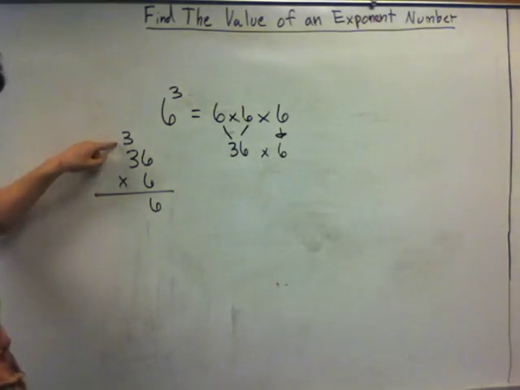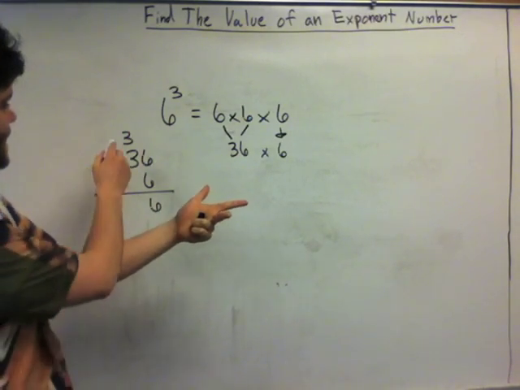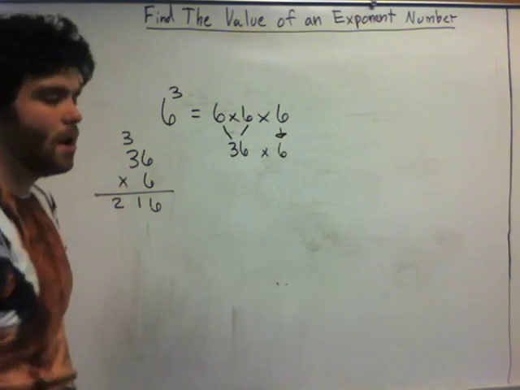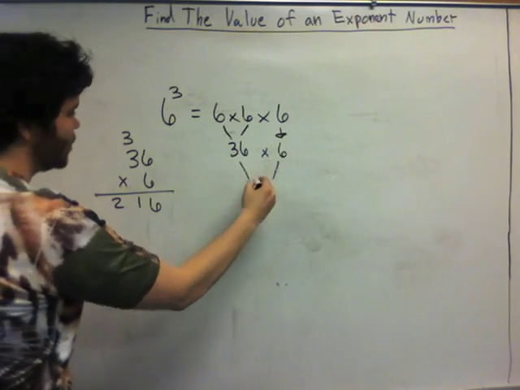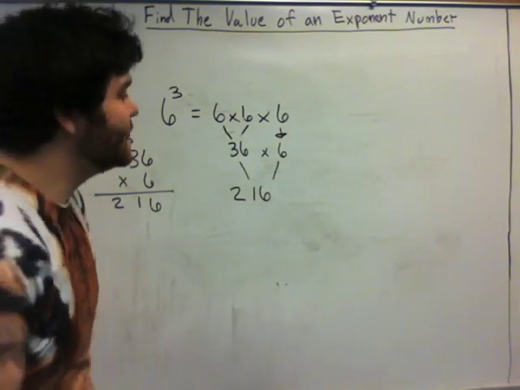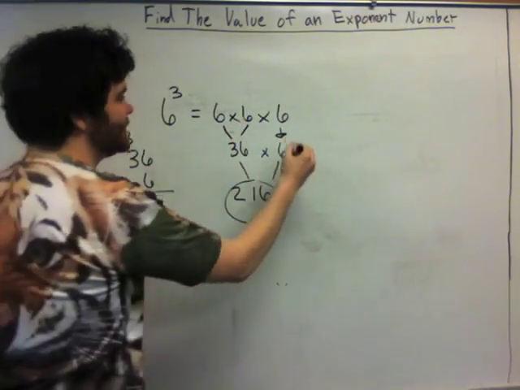So we also have to add this 3. So 6 plus 6 plus 6, that's 18, plus this 3 that we had up top, that's going to be 21. So 36 times 6, that's going to be 216. So 6 times 6 times 6 is actually 216.